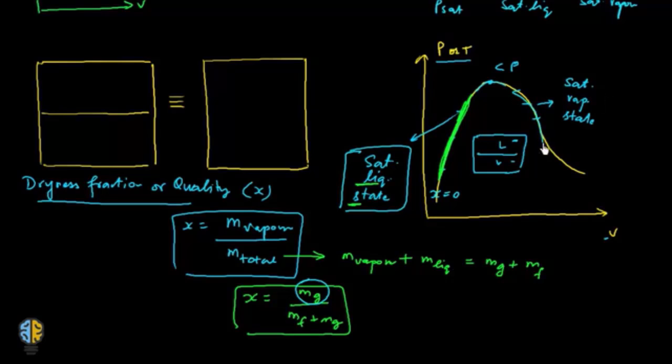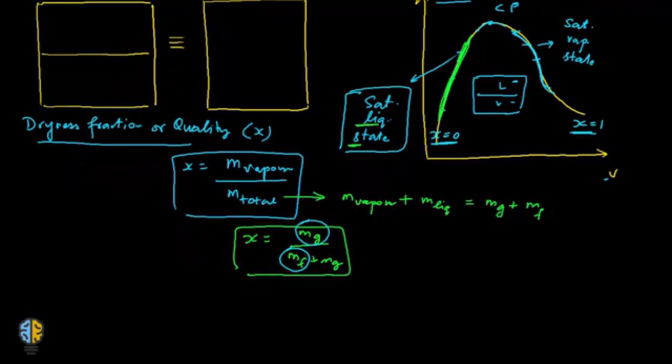And if you are at this other line, on this line there is no liquid. So mf would become 0, and this value would become 1. So this is the least value, and this is the maximum value.